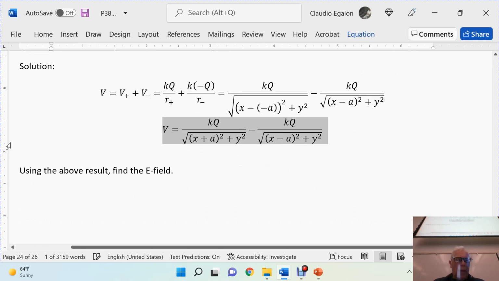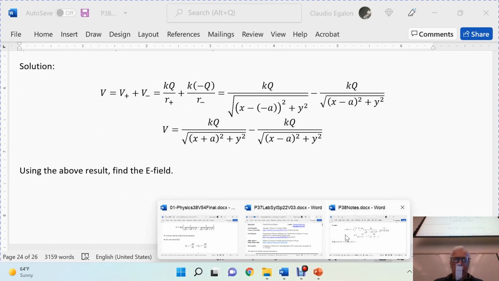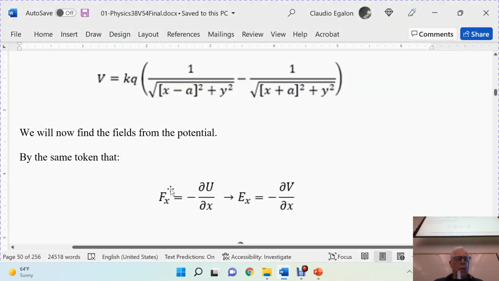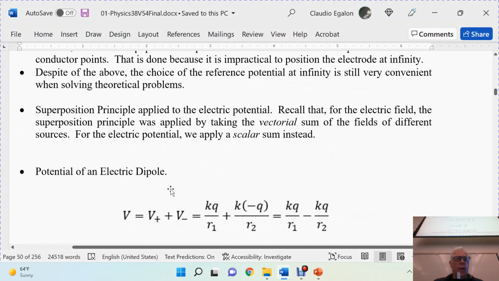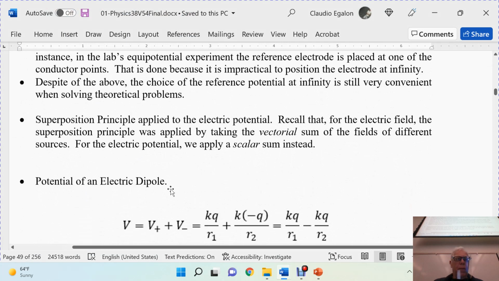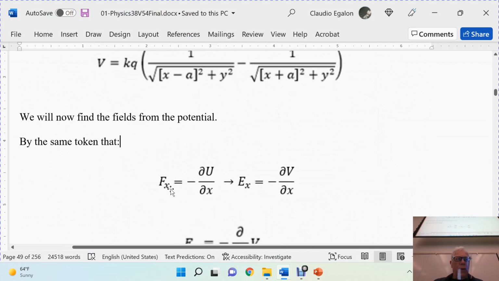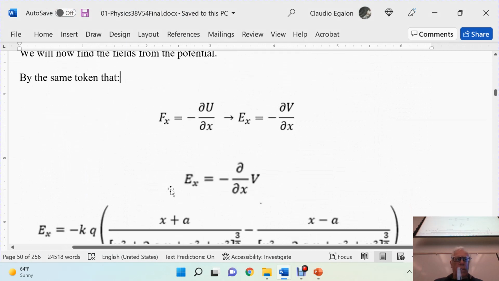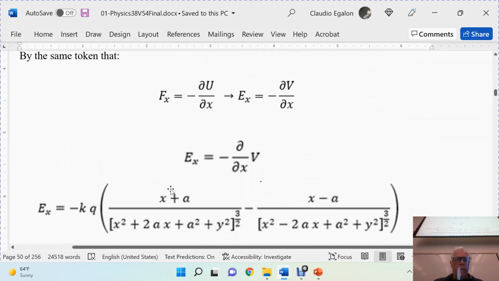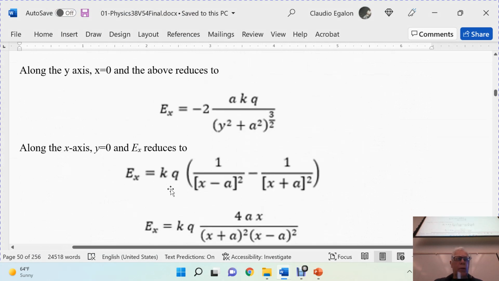So here you go. What's going to be the electric field? Specifically, the x component of the electric field.